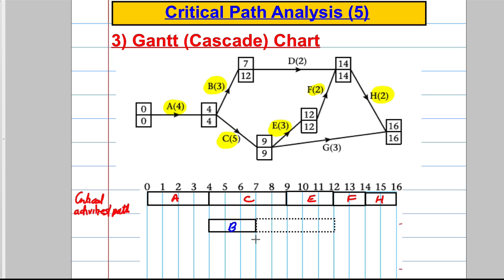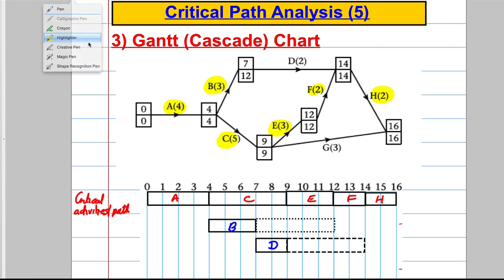So we start at 7 and go along for 2 hours, but it could have gone all the way up to 14, which is essentially its float. I'm just going to make that a dotted line there. And that's activity D done, so we'll highlight D.